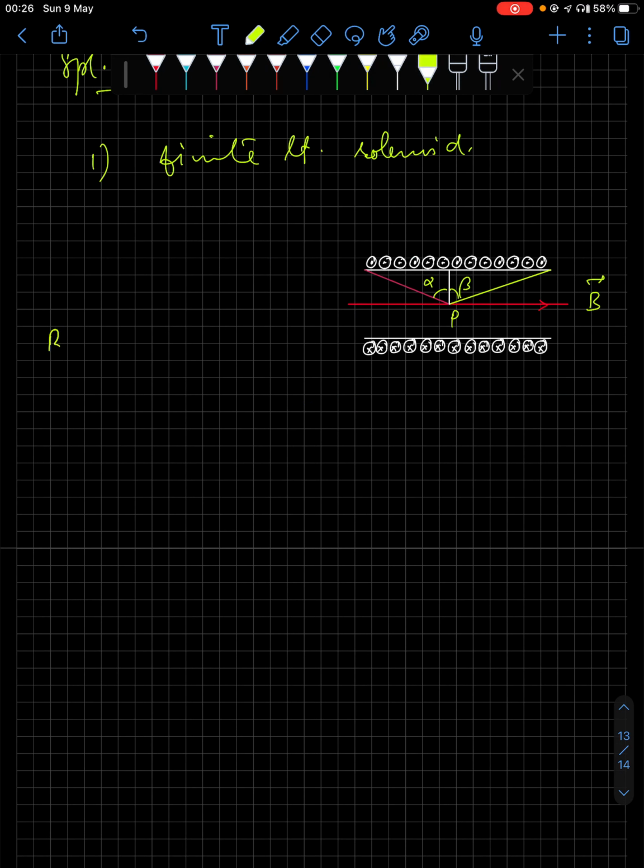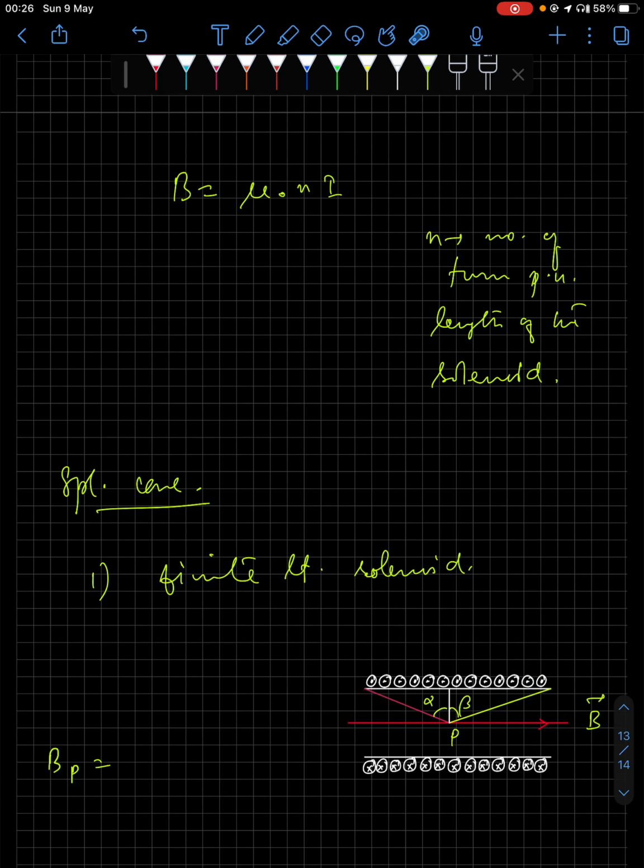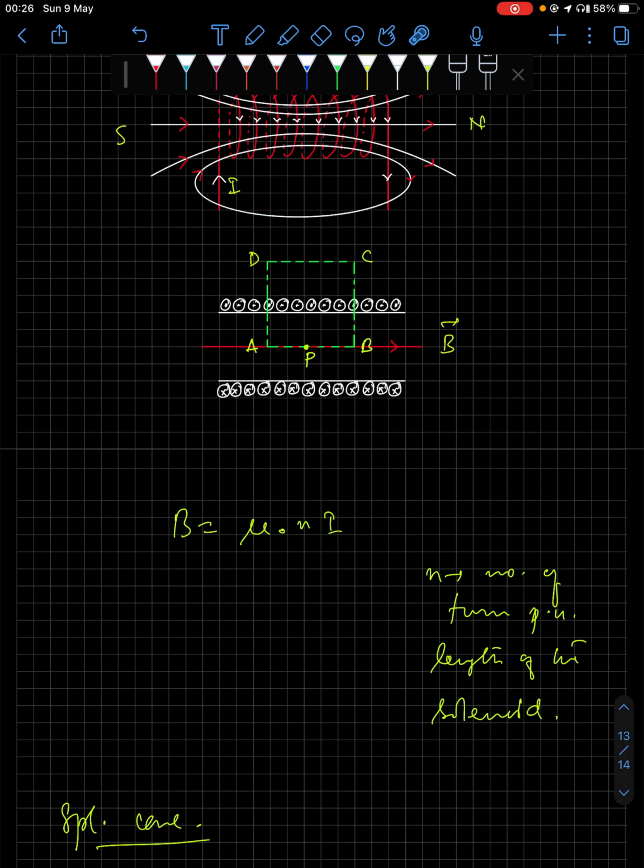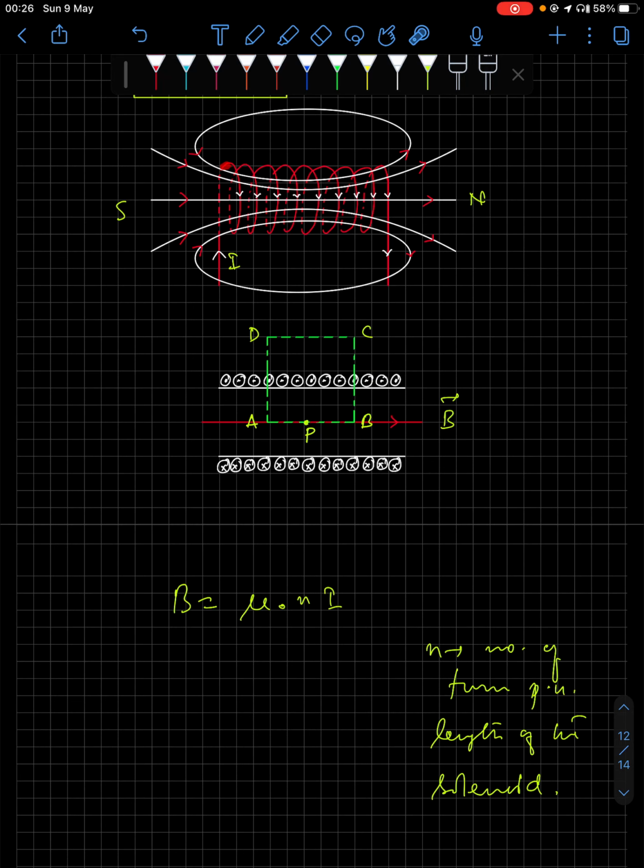So if you want to find out the magnetic field at the point P inside the solenoid, now here again this corresponds to the previous diagram. You see the wire of the solenoid was coming out from the page on the top, and this is entering through the bottom. Okay, so you can see the highlighted sections. So here also it is the same, coming out is indicated by dots, right? And entering is indicated by cross. So the current is flowing from top to bottom in the solenoid.